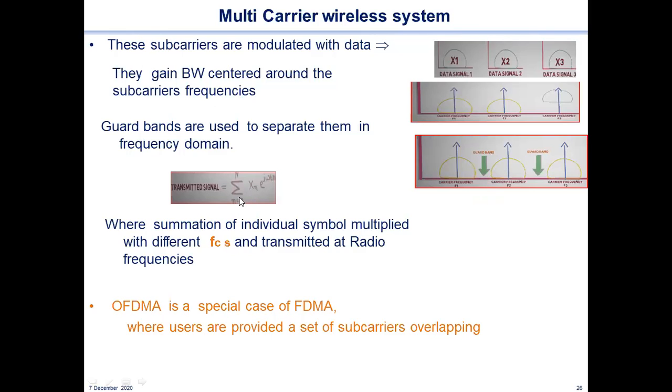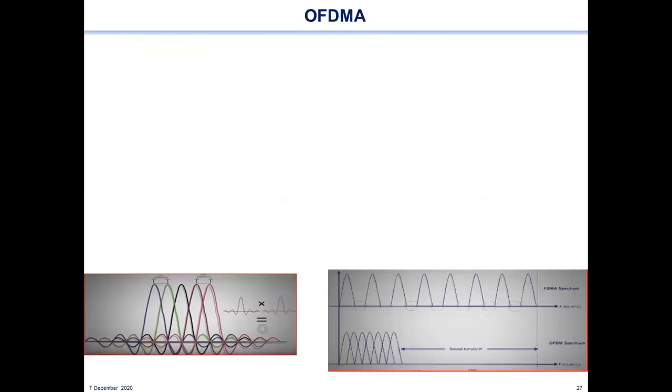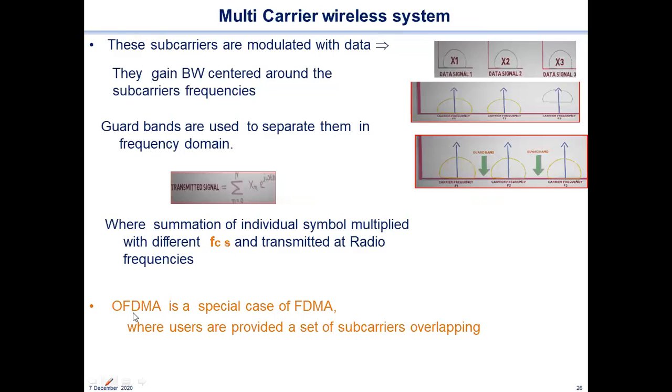The transmit signal is nothing but the summation of all the symbols. Summation of all the symbols means, you can see here, summation of all the signals. So originally, let us say this X1 is one symbol modulated with one carrier, that is FC1, plus X2 into F2 like this. So totally I'm converting into real time in Fourier transform.